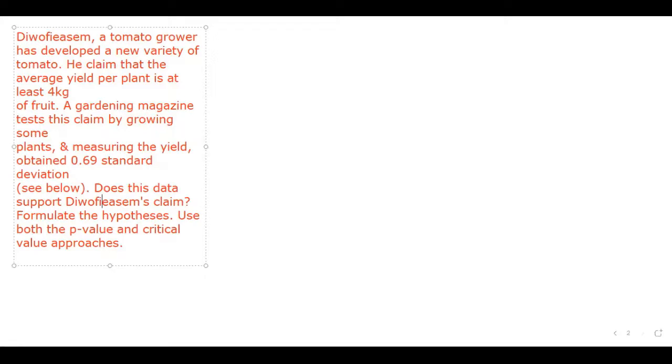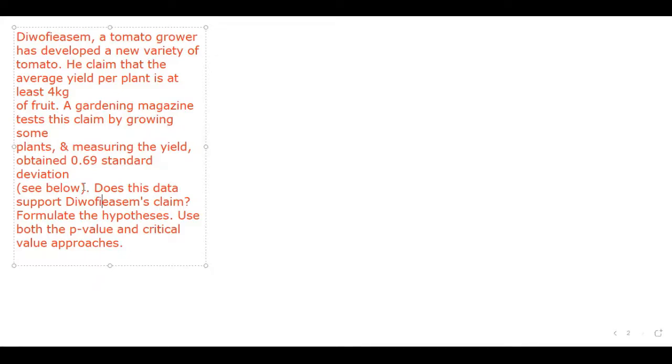A gardening magazine tests this claim by growing some plants and measuring the yield, obtained 0.69 standard deviation. See below. Does this data support the claim? Formulate a hypothesis. Use both the p-value and the critical value approaches.